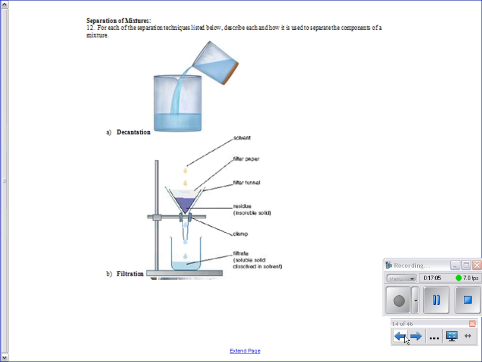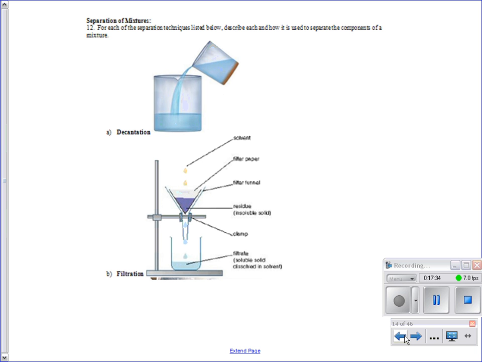So specifically what we're going to look at today are ways to separate mixtures. What makes mixtures different than pure substances is we can separate them with pretty simple physical means for the most part. And these are some of the ways we can separate these mixtures. So the first one is pretty much the most rudimentary way to separate, and that's decantation. In decantation, all you do is you pour off one phase from another.